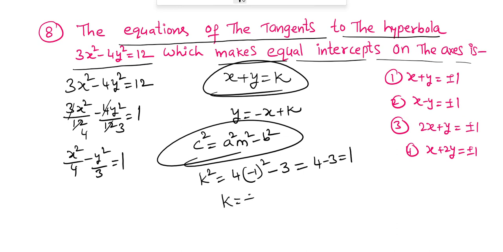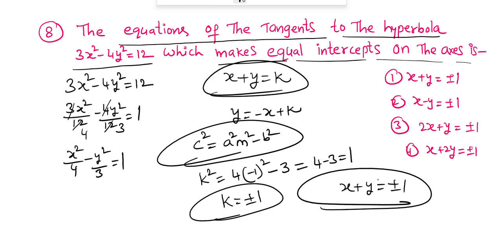From this, k = ±1. So substituting in that equation, x + y = ±1. These are the tangents to the given hyperbola which make equal intercepts on the axes. For this, the first option is the correct answer.